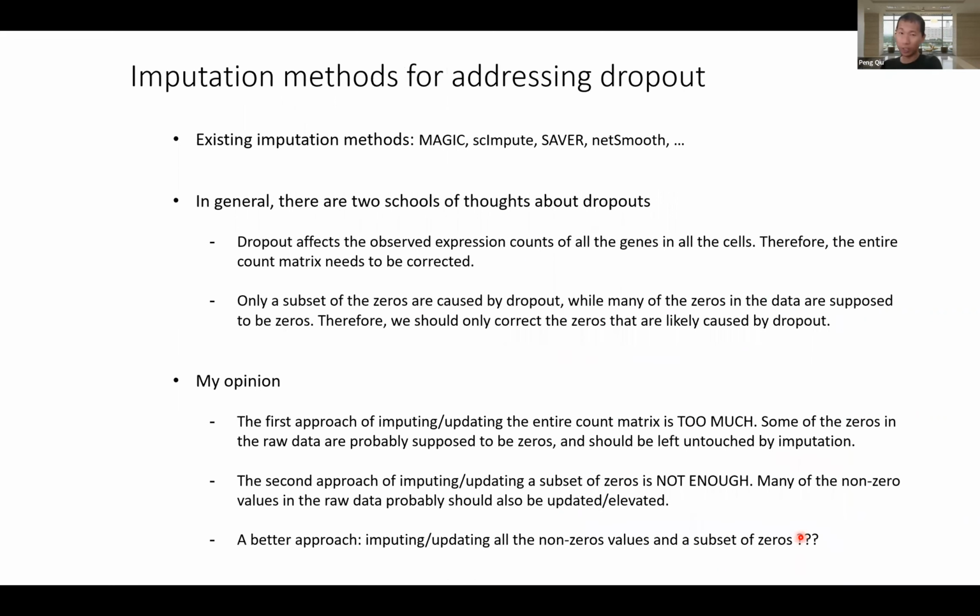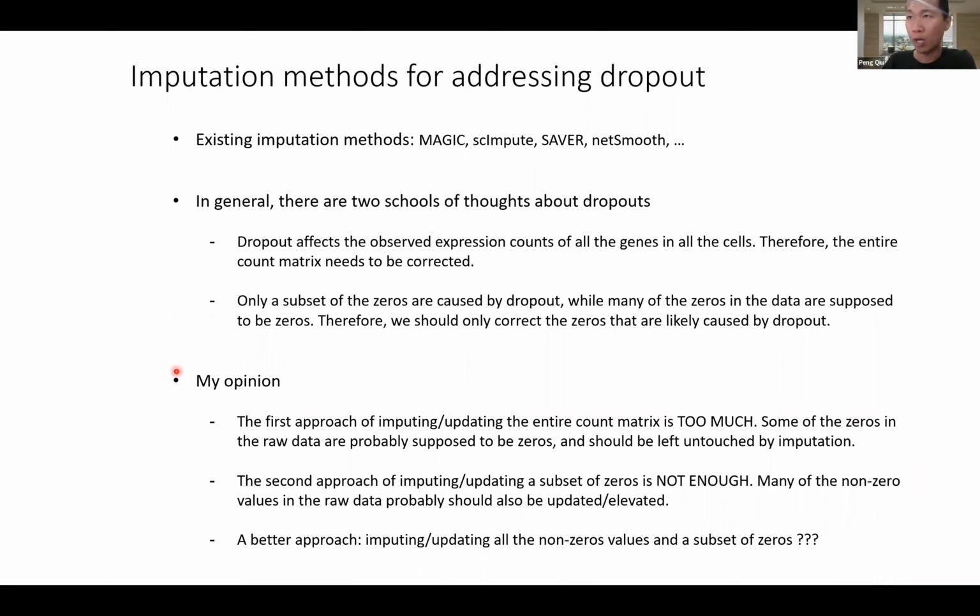Now, circling back to this slide I mentioned earlier: the two general ideas about dropouts and how we should deal with them. We either try to impute the entire data, the zeros and non-zeros, elevating them all, or we only try to touch a subset of the zeros that we feel are more likely to be artifacts.